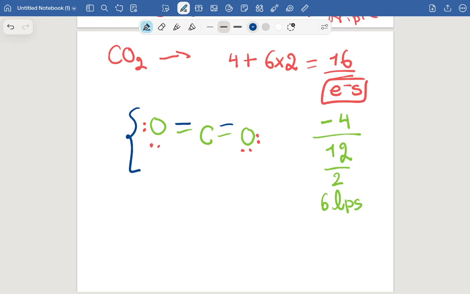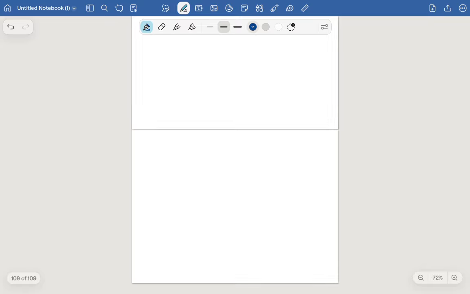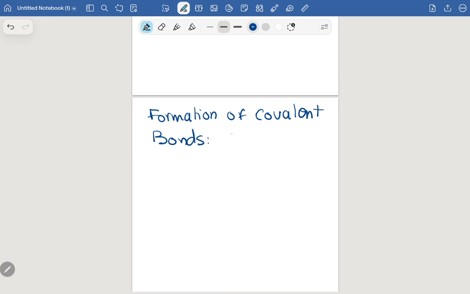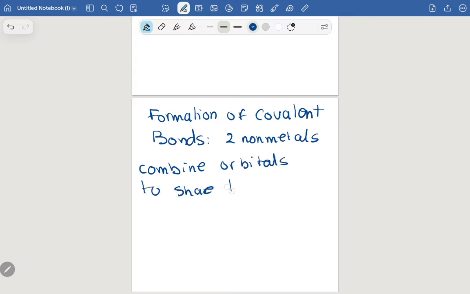Now we need to talk about the formation of covalent bonds. Covalent bonds are formed when two nonmetals combine orbitals to share their electrons.